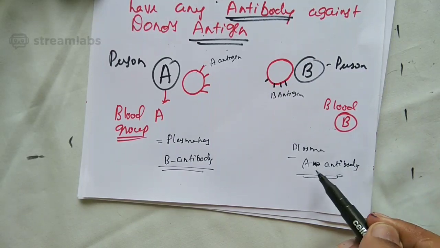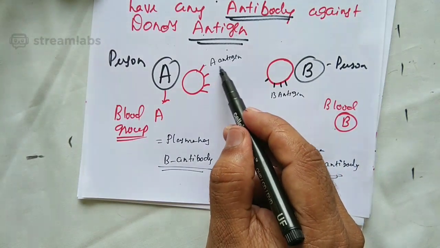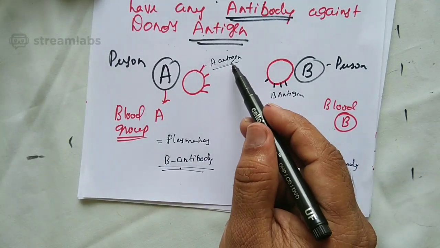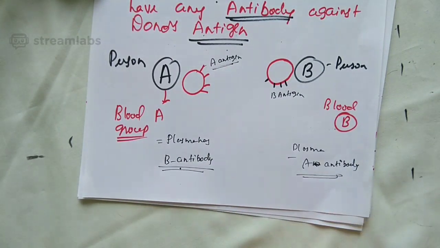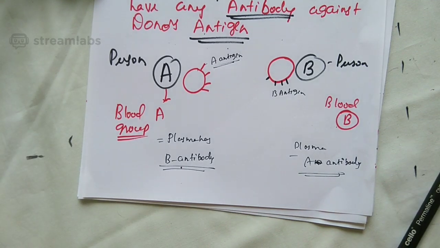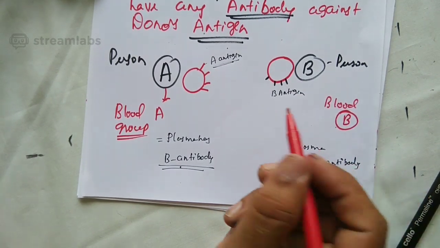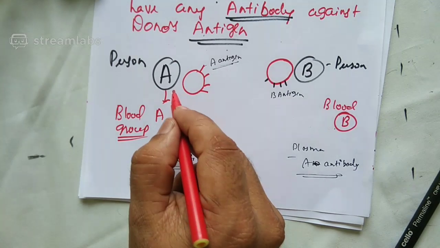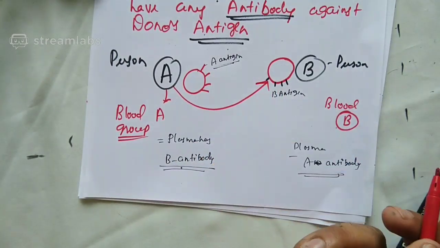He will form A antibody. A person who has A antigen will form B antibody. Meaning antibody will always be against antigen. That you remember. So now let us see the condition. Let us think that person A is a donor. He is giving blood to person B.